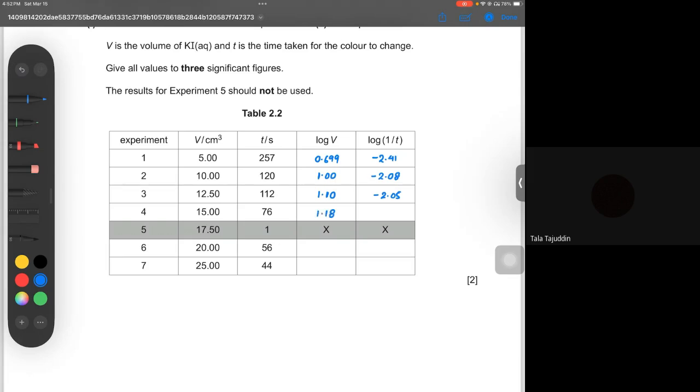Next. Negative 1.83, negative 1.8. Okay, then 6 and 7. 1.30. Okay, next. Negative 1.75.